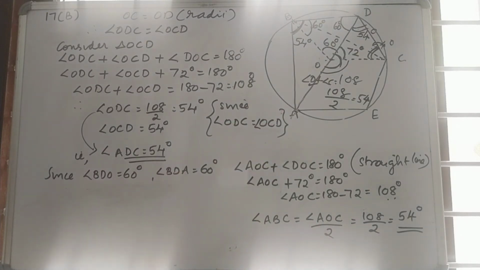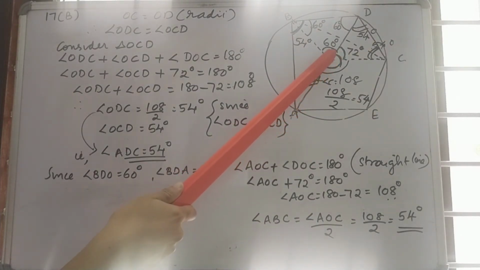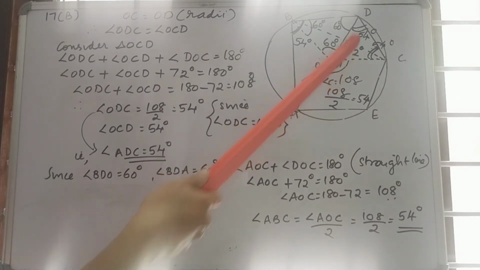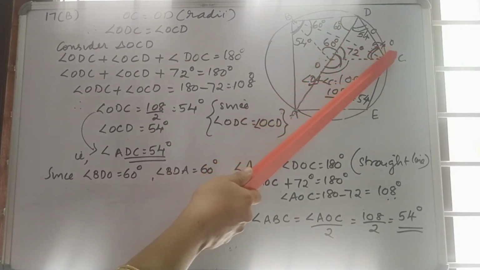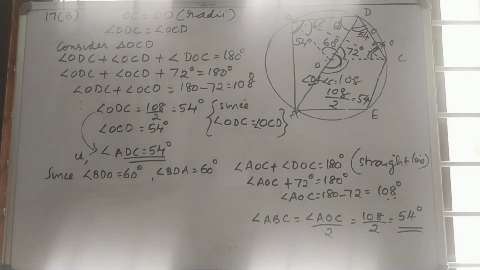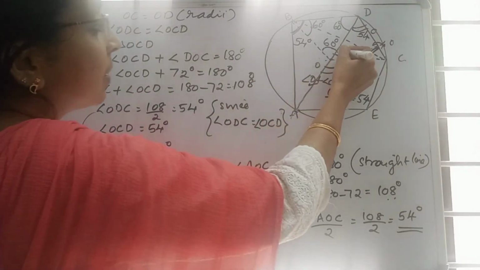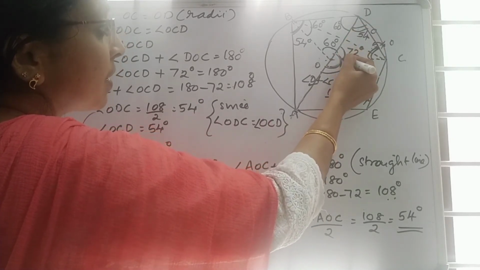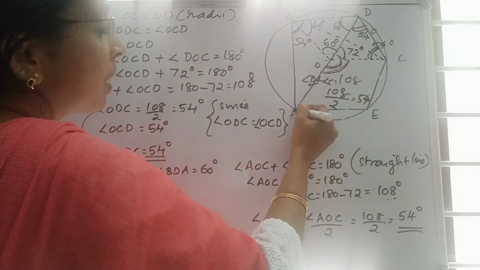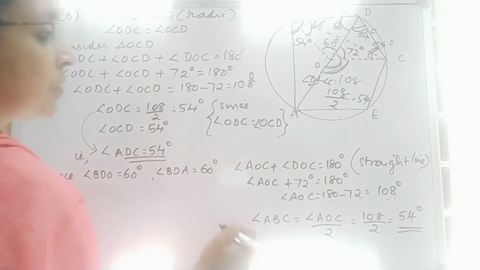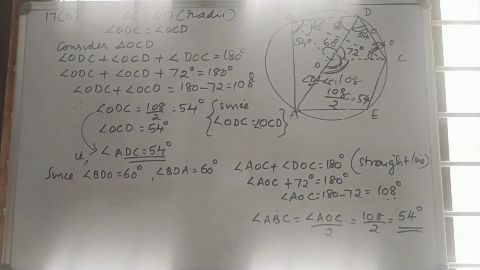Then consider the straight line AOD. The sum will be 180 degrees. That is, the sum of angle DOC plus angle AOC will be 180 degrees since it is a straight line. Up to this, DOC we got as 72 degrees. So AOC will be 180 minus 72, which is equal to 108 degrees.